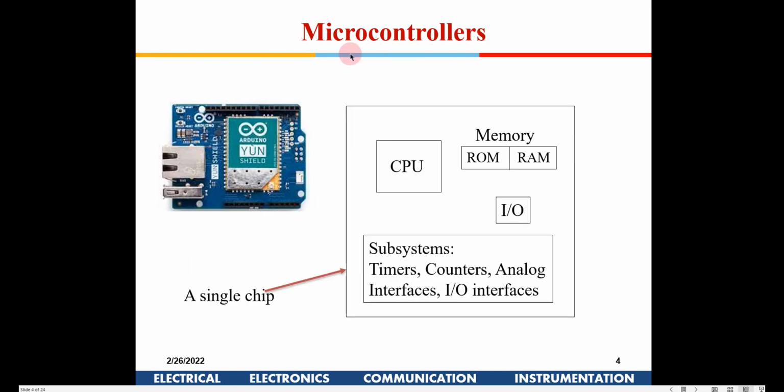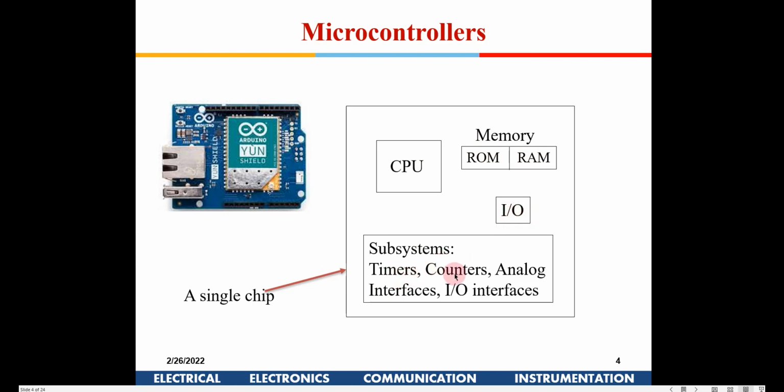And what is the difference between a microprocessor and a microcontroller? In short, a microprocessor is not only a CPU, but within this is the CPU, which is a microprocessor, and in a microcontroller, within a chip you have a ROM, you have a RAM, input, output, and interface devices.